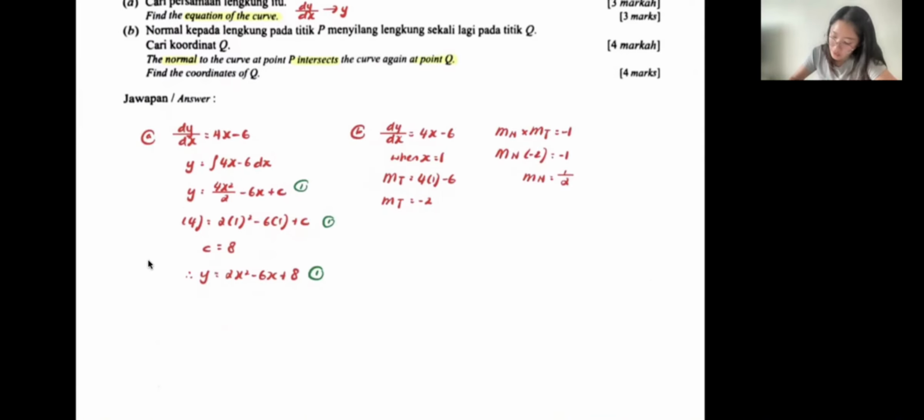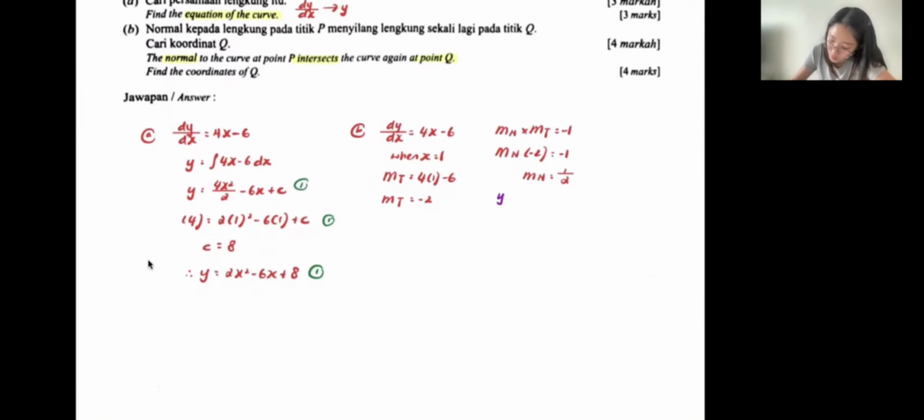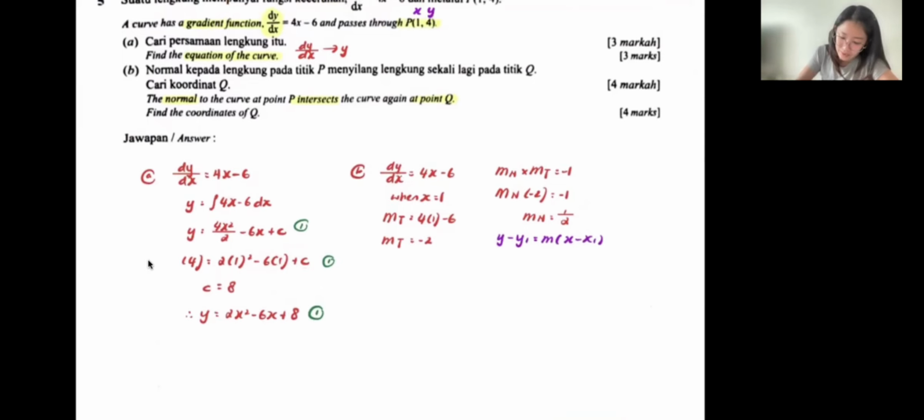Okay, guys. Straight line equation, what is that? y minus y1 equals m times (x minus x1). The y1 and x1 is a pair of coordinates that is on the line that you want to find. So where is that point?